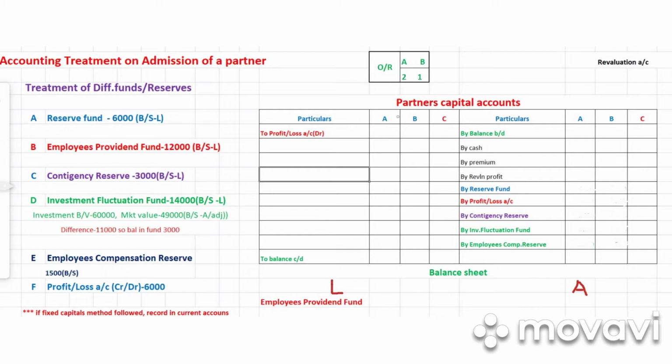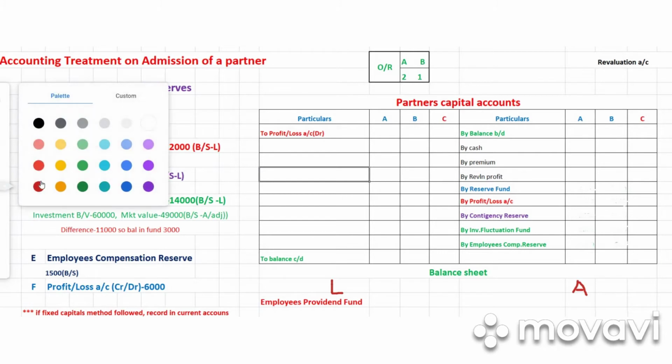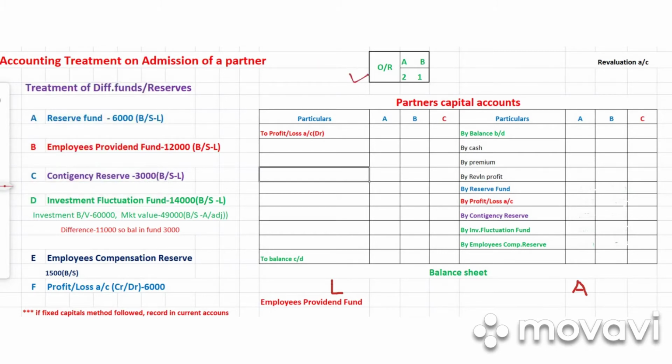Here for your reference, I have mentioned the old ratio of two partners. We have taken examples of two existing partners, or rather the old partners A, B with their old ratio 2:1, and C is the new partner, right?